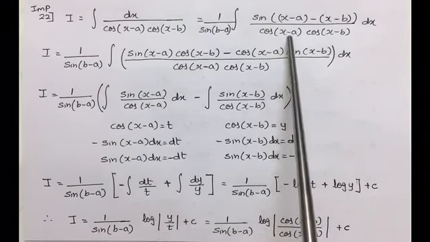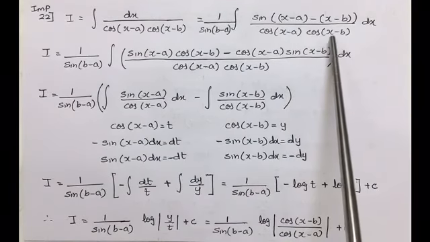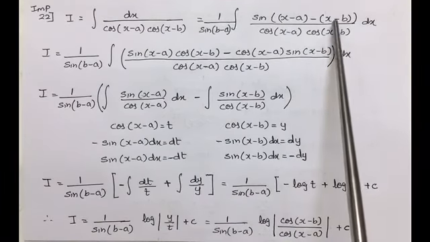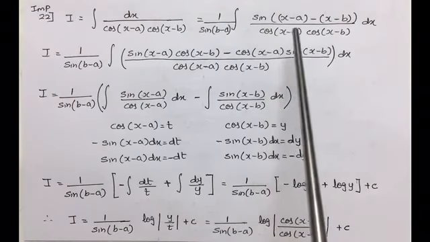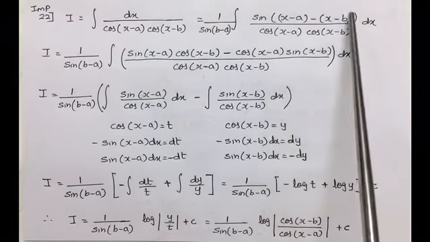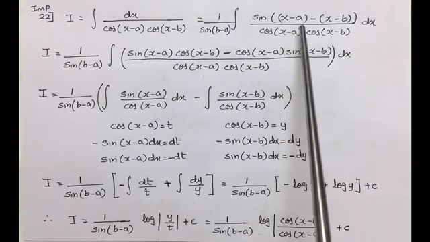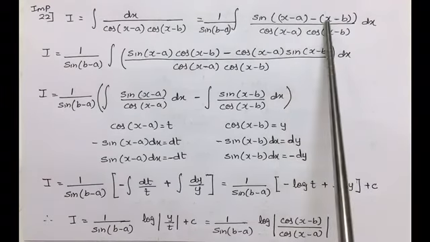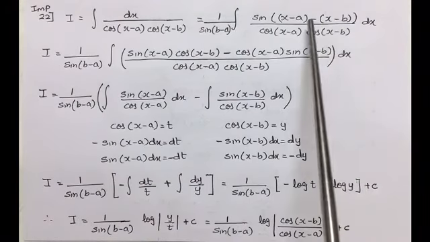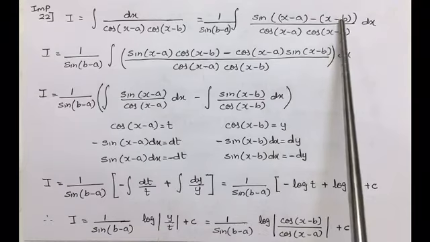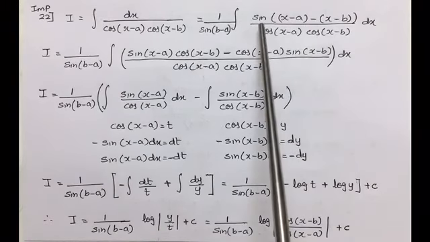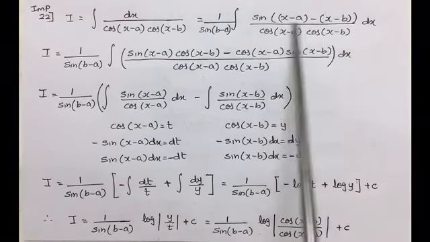We have one of the form as x minus a, so sin (x minus a) is taken. Another form is x minus b, so sin (x minus b) is taken. So the arrangement is done in such a way that x and x will get cancelled upside and only b minus a remains, that is sin (b minus a) remains, and to neutralize it, outside 1 upon sin (b minus a) is divided.